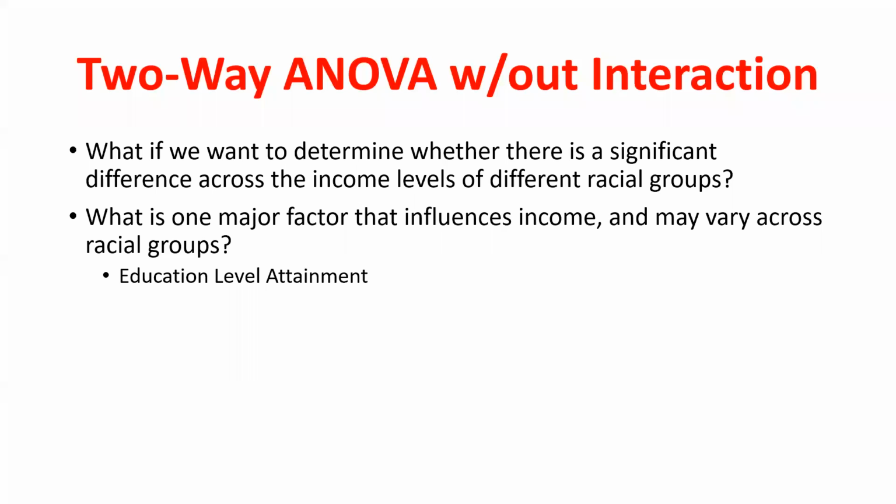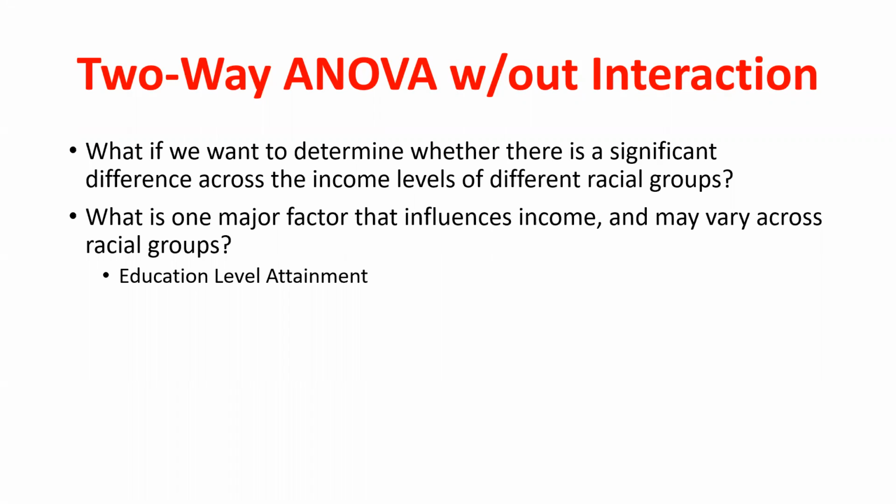So what I want to try to do with this two-way ANOVA is say, well, now I can hold constant the education level and ask, is there variation across races if I hold education attainment the same? So it's essentially looking to see, is there variation across the races if I'm only looking at people with a bachelor's degree?